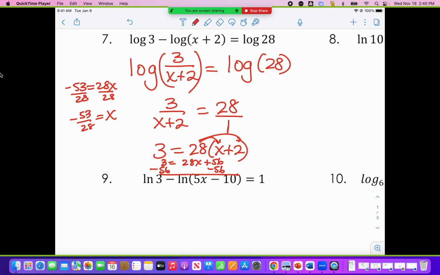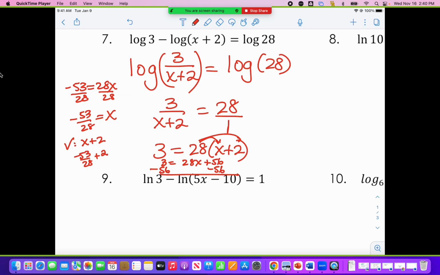Okay, so now we have to check this. And you have no calculator. So I want to see if we can reason out how we know if 53 over 28 plus 2 is positive or negative. Can somebody explain how you could reason that out?